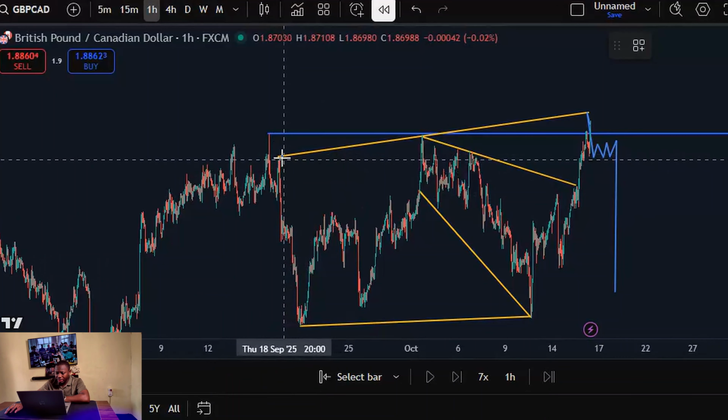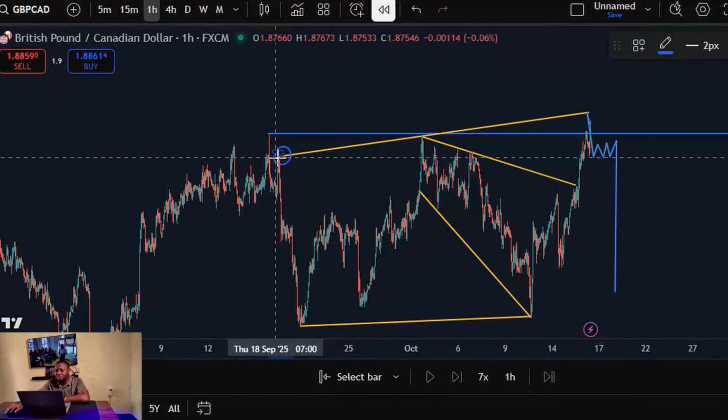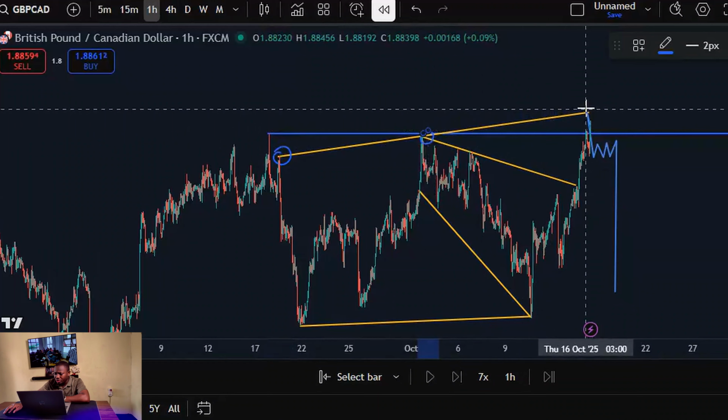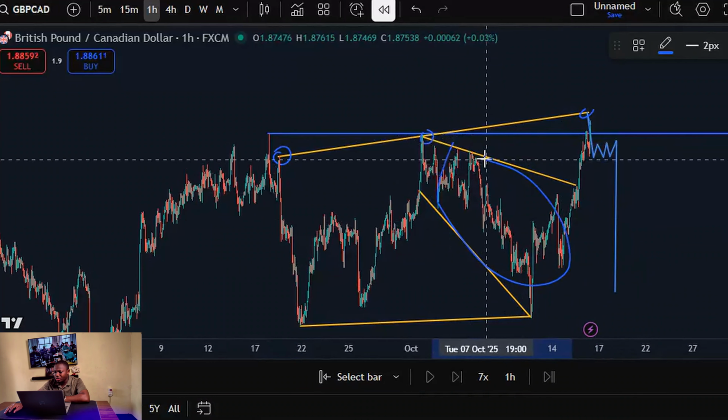For those who are trading the same system as me, you would understand that when we have expanding structures, more often than not we have three scenarios whereby we can take opportunities. The first is when we have this 1, 2, 3 touch with a clear middle section.